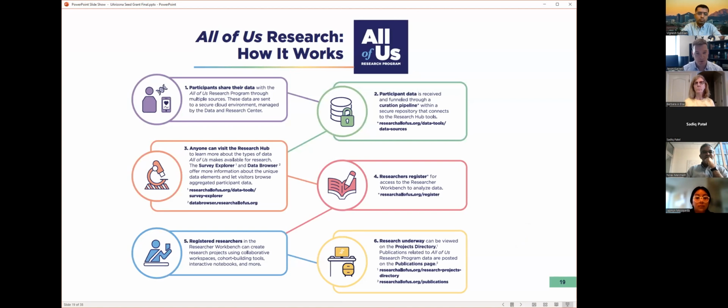Another very critical piece is that this works differently than most biorepositories. So things like UK Biobank, where you can actually download data, that is not the case with All of Us. All of Us is exclusively available on DRC servers from Vanderbilt University. And so you get access. There are pros and cons to this approach.